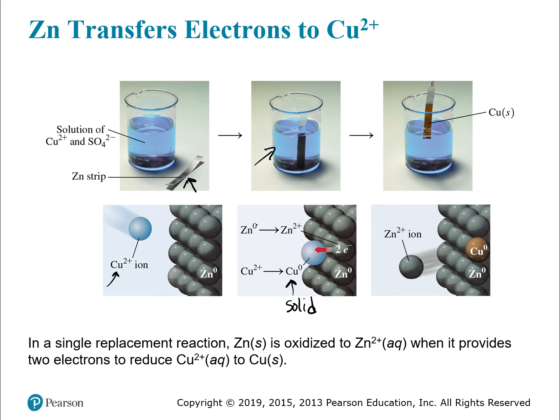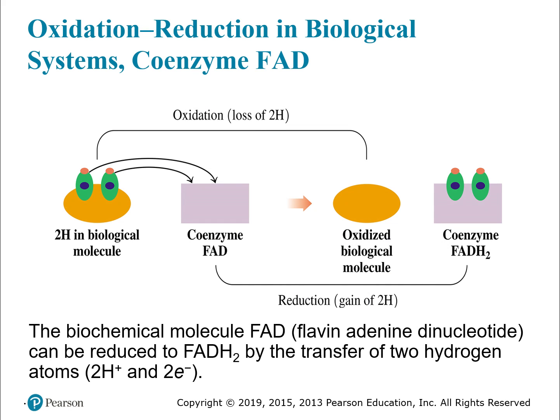The zinc solid, which initially has no charge, will lose electrons and become the zinc 2 plus ion. The electrons that the zinc loses, the copper will gain and become the solid. So that's another example of transferring electrons and an example of a single replacement reaction.